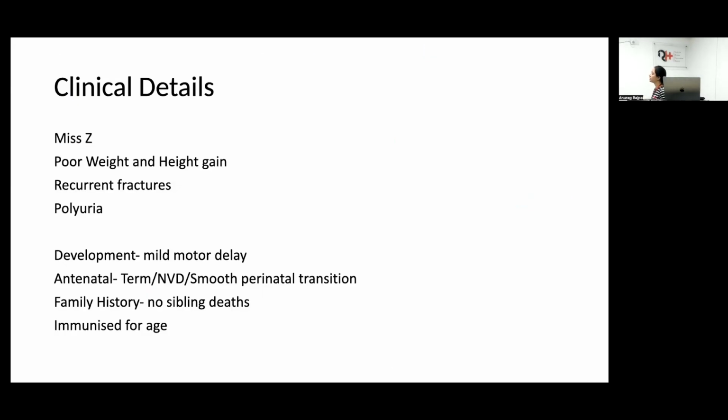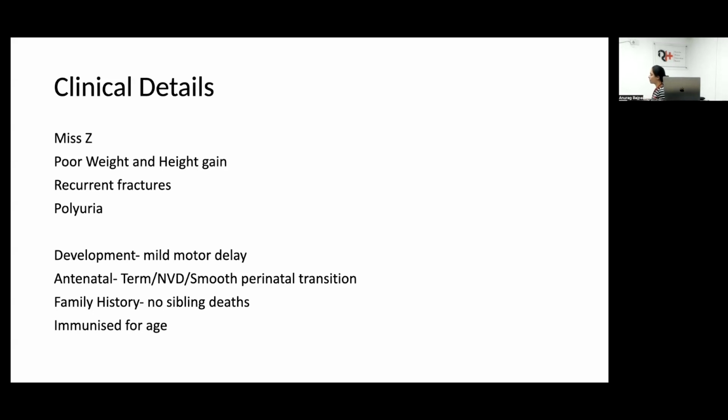Ms. B presented to us at 12 years of age with complaints of poor weight and height gain, recurrent fractures and polyuria from early childhood, about 6 to 8 years of age. With this, the mother complained of anorexia, intermittent nausea, and poor health in general. They had been shown to multiple doctors and received on and off treatment for a number of years before they presented to us.